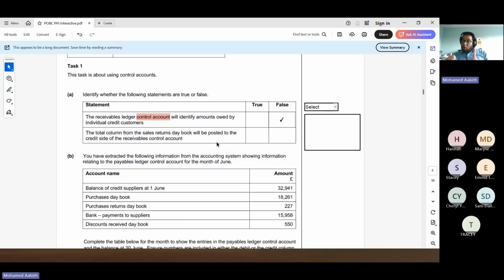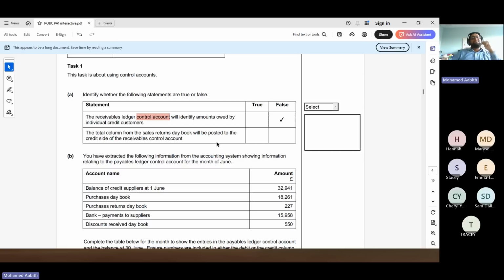I said normally, because sometimes an asset could become a liability. You know that, for example, with your bank account. Bank account is normally an asset, but it could be a liability, so you will have the amount on the opposite side. So on the receivable ledger control account, you expect to see the balance on the debit side all the time. Why? According to your debit-credit rules, your assets are your debits. So you have to think about it. That is going to be on the debit.